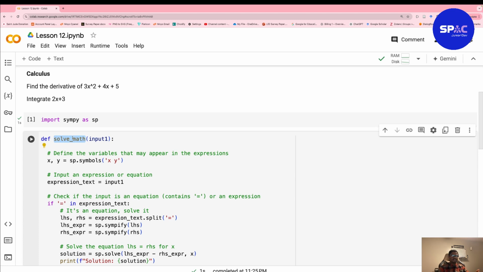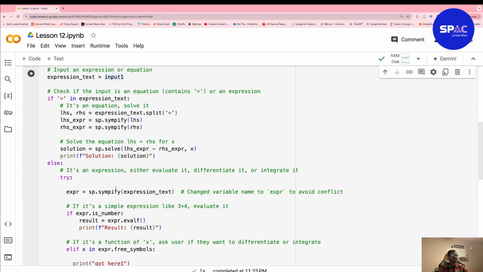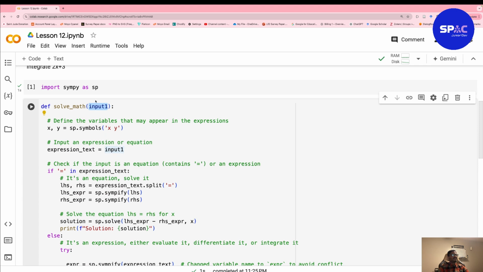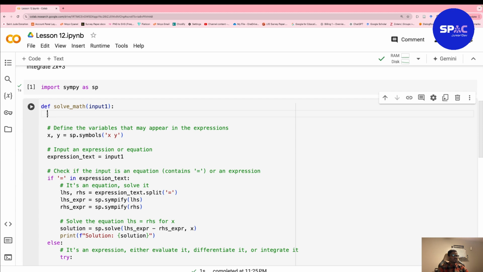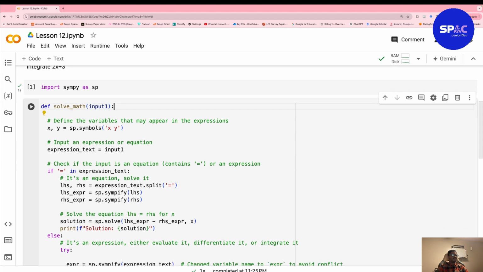You can call it anything you want, and this is the name of our input. You can call input anything you want, but you have to make sure that you reference the right thing in here, okay. So when you put this colon, remember when you press enter, you have to continue writing your code on this line. Don't go this way, okay. Continue writing it and make sure that you're on the same line.